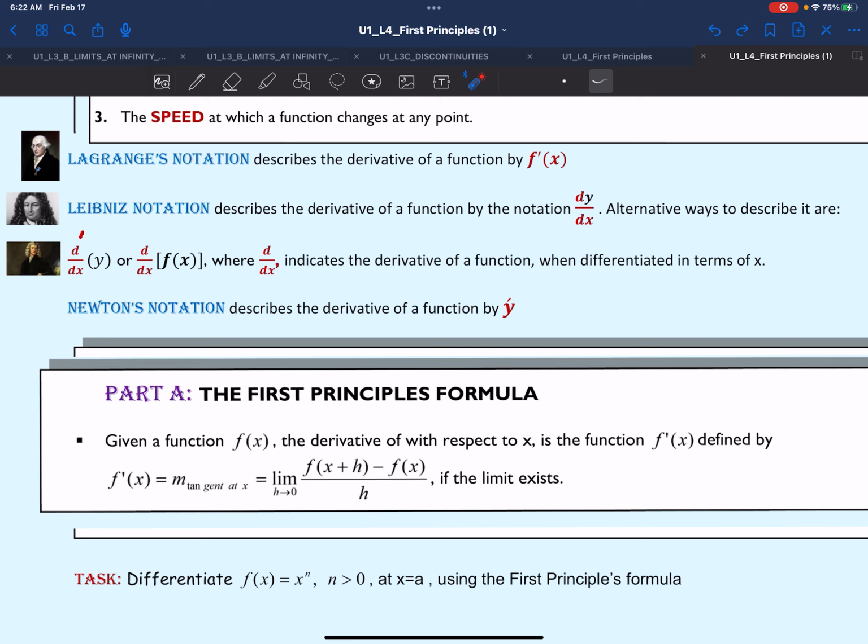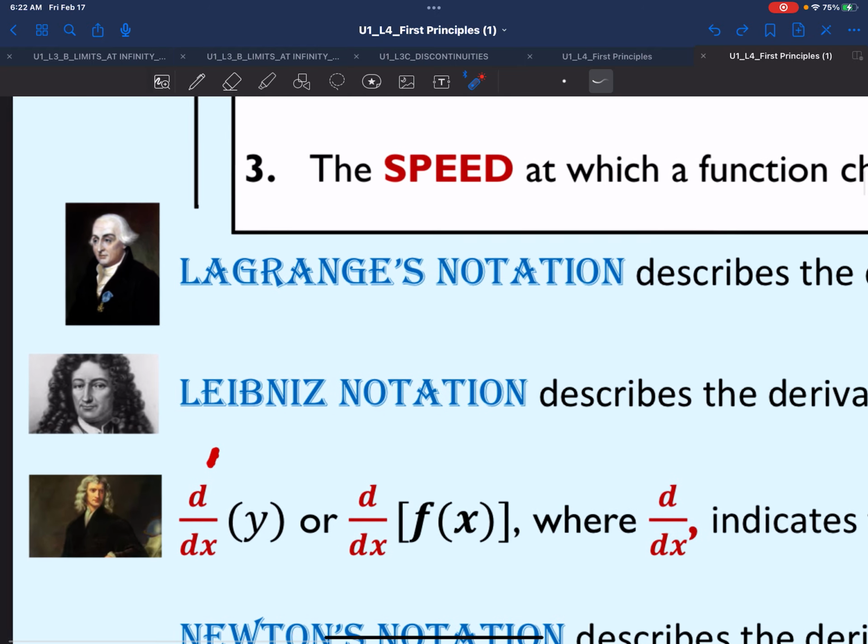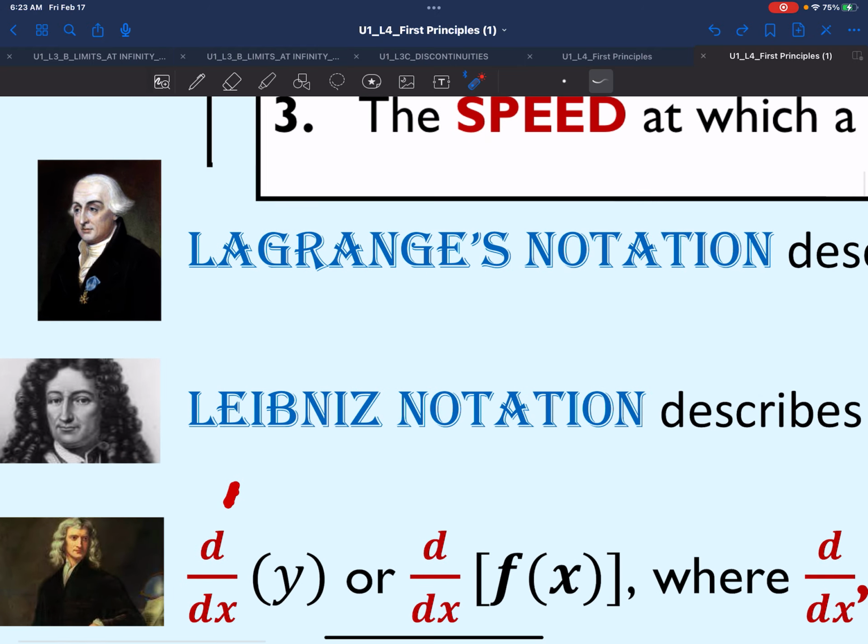Lagrange, a French mathematician, called the derivative f prime of x. He used an apostrophe and called it prime. We'll talk about why this is called prime in upcoming lessons. By this we mean the rate of change of the y values, or the rate of change of f of x. Now here's Lagrange. I brought this just so we can put a face to the name.